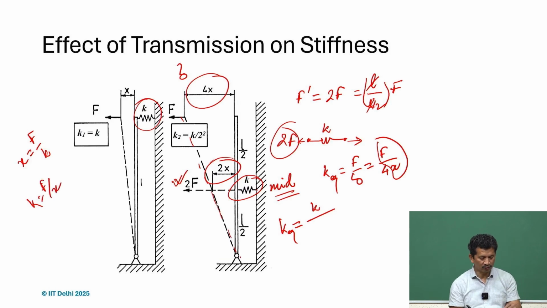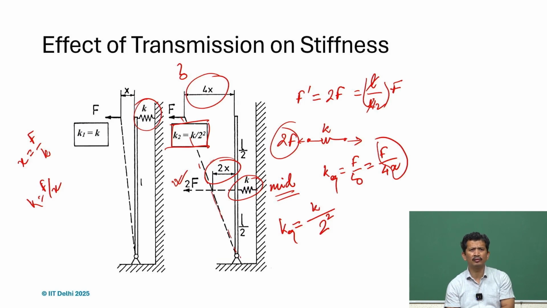Here we know that the point of application of the output and input is L divided by L by 2. That ratio is 2, and if we write it in terms of that ratio, we find that there is a square term, and that is why we have written here that the equivalent stiffness is K over 2 squared.